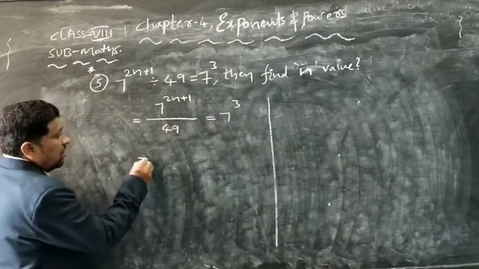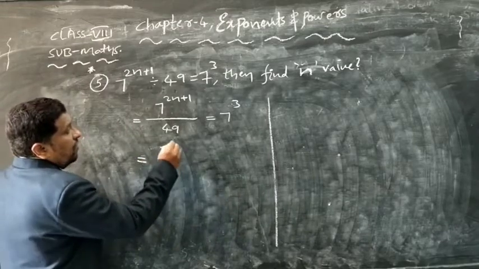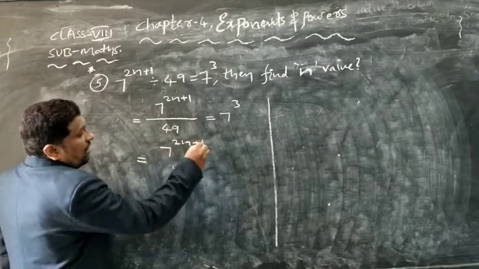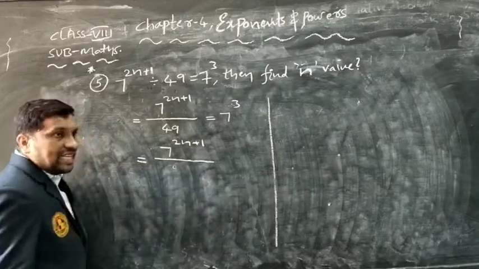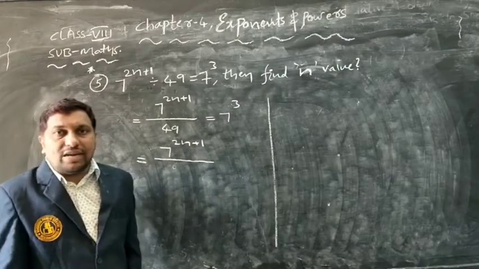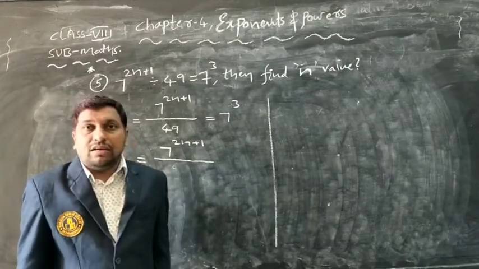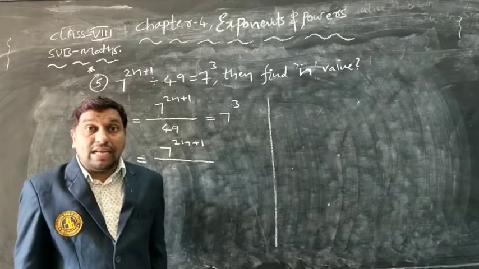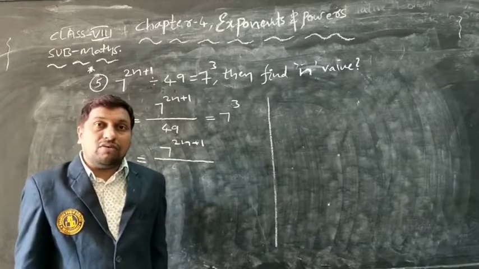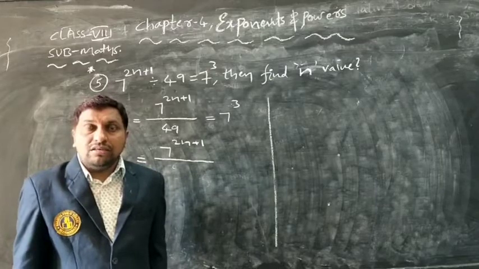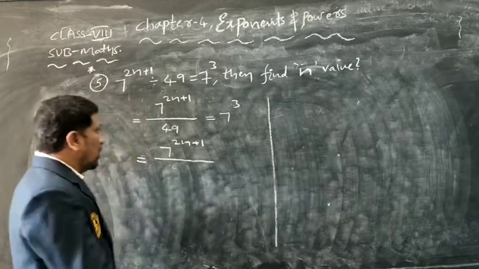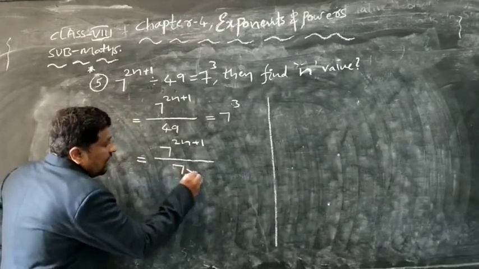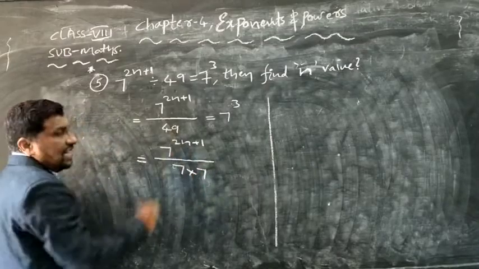How to write 49? 49 means 7 into 7. What is the value of 7 into 7? 7 sevens are 49. We have to write 7 into 7.